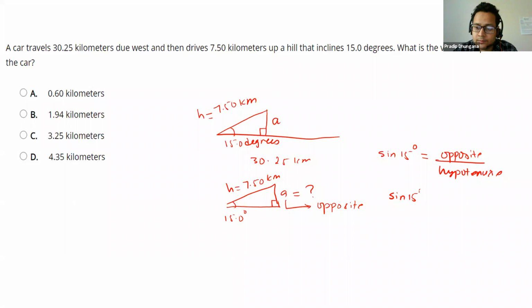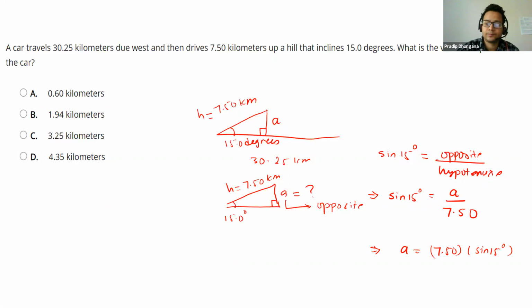Sine 15 degrees equals A, the opposite, over 7.50, the hypotenuse, and I'll write the unit at the end. To solve for A, you have to multiply both sides by 7.50, so A becomes 7.50 times sine 15 degrees.